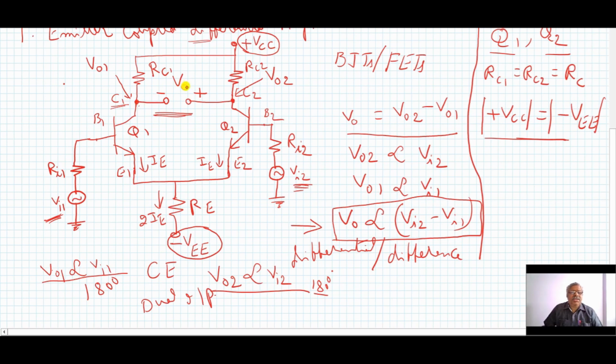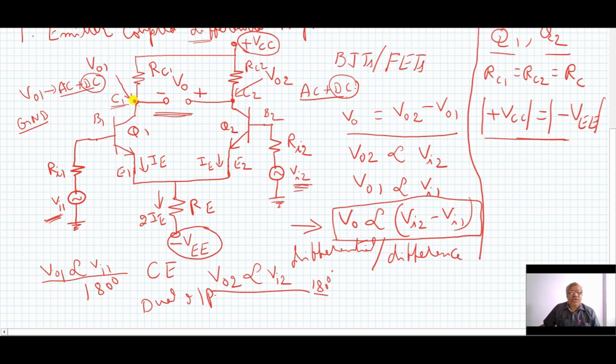Suppose you collect the output V01 with respect to ground, then it will contain both components, the AC component as well as the DC component. In the same way, at collector 2 also we get both components, AC as well as DC. And here we are assuming both transistor circuits are identical. The DC component at V01 and the DC component at V02 are equal.